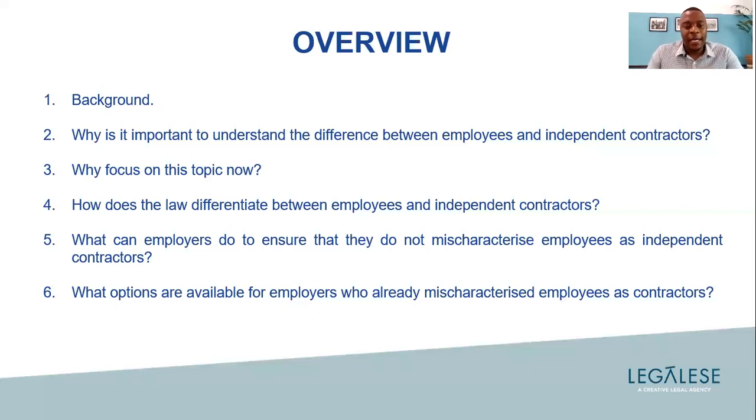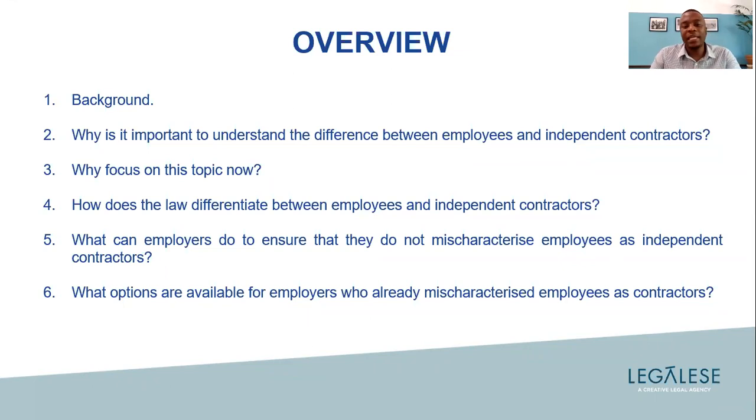Now, we're going to look into how the law differentiates between employees and independent contractors. The law does so, firstly, through what is called a Presumption Clause, which is in the Labor Relations Act. I will explain a little more later what that is and what that means. On the other hand, there are various tests that the courts have developed over the years, which the courts will use to determine who is an independent contractor and who is not.